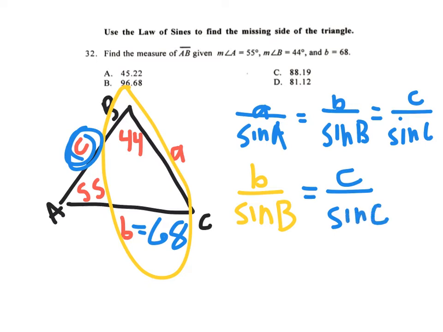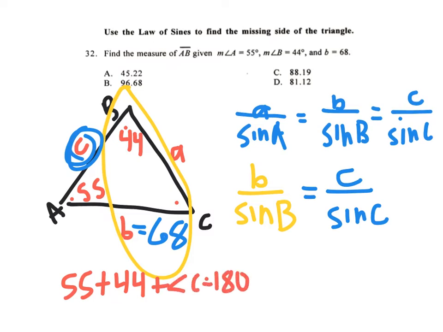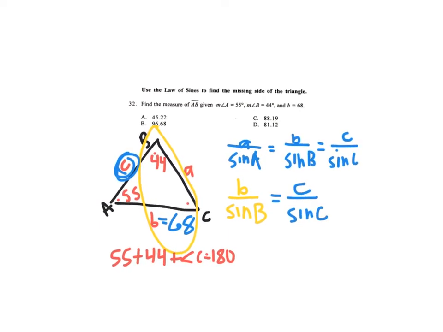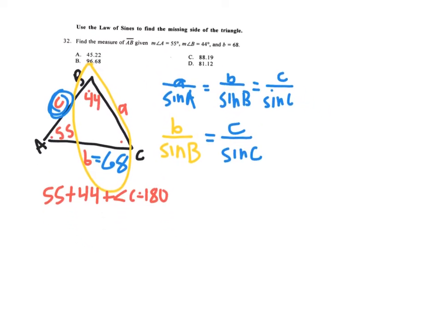Now, I don't know what big C is, but I can find it because we have two angles, and we are in a triangle, so we can find the third. Remember, if I do 55 plus 44 plus angle C, it should all equal 180. So we are going to solve that so we can use big C in our equation. I'm just going to make this smaller so I have more room.